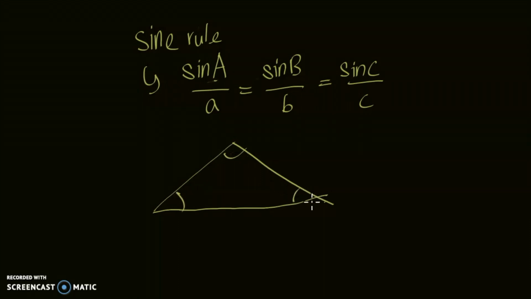Excuse the drawing. Three angles: one is angle A, one is angle B, one is angle C. The angles are indicated by an uppercase letter, and the side that is directly opposite to each angle is the lowercase version of it. So A would be small a, B would be small b, and C would be small c. So in this sort of triangle we can apply the sine rule.